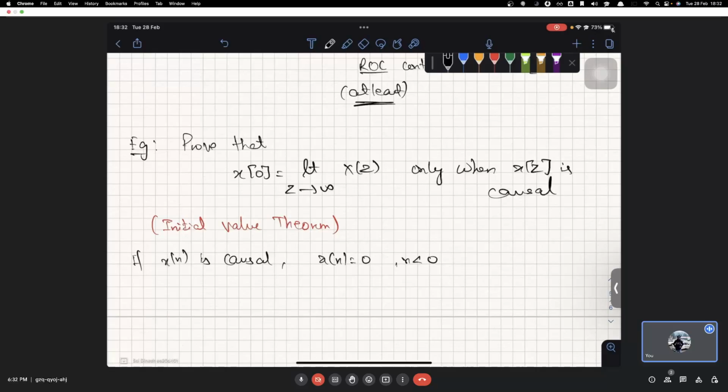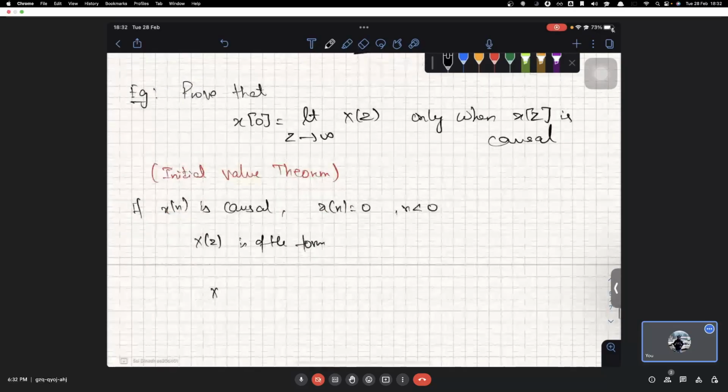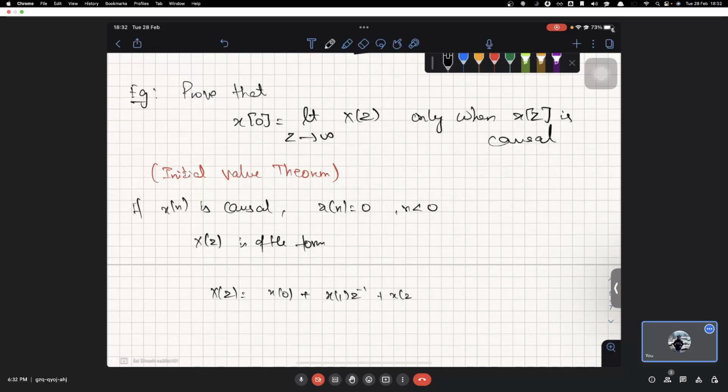Therefore, it intuitively says that X of z is of the form X of z equal to x of 0 plus x of 1 z power minus 1 plus x of 2 z power minus 2, and so on.